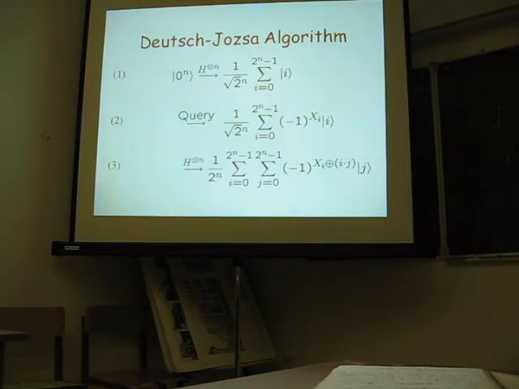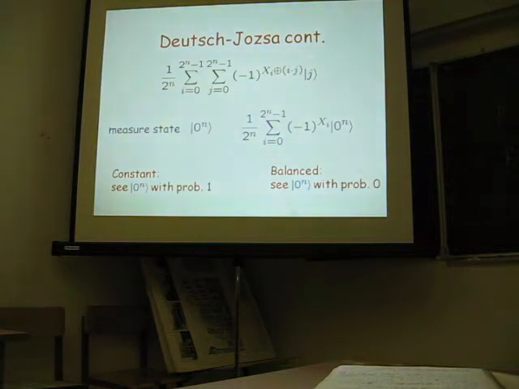It's nothing hard. So this is the state that you have in your hands after making your only query. So I copied it. Here we have the state with this double sum.